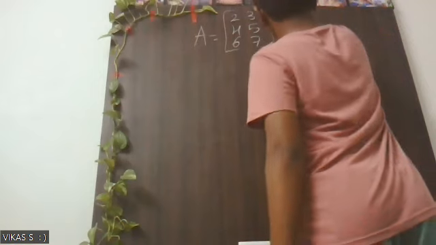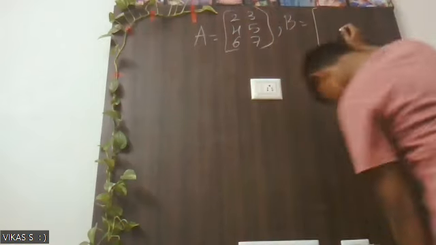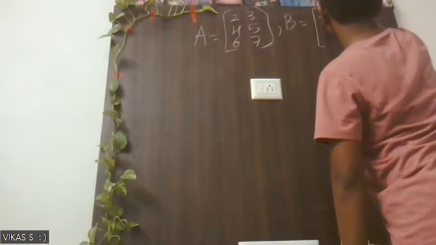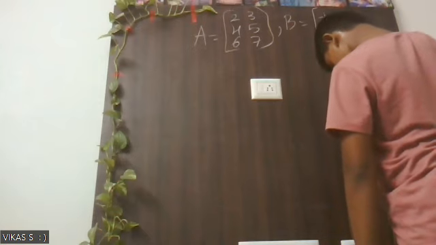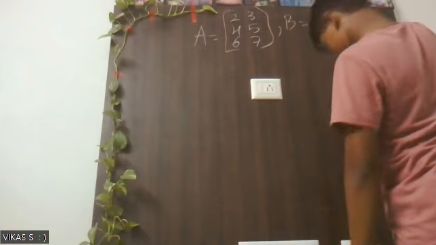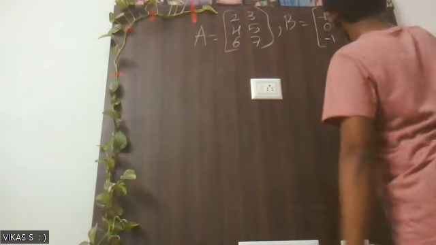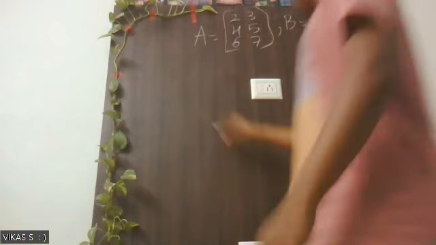Then B, they have given -4, 0, -1, 3, -2, 7. That is the question. Now we'll write in a simple form.